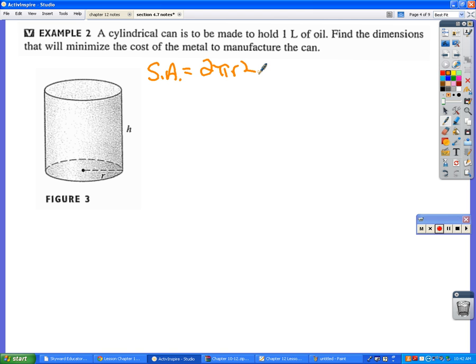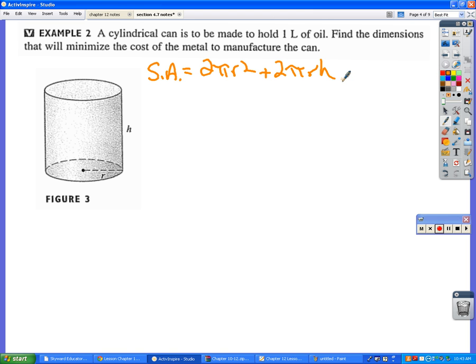And the area of the rectangle is base times height, so the area of the side of the can is going to be also base times height, but the base is the circumference. So that's going to be plus 2 pi r h. Okay?